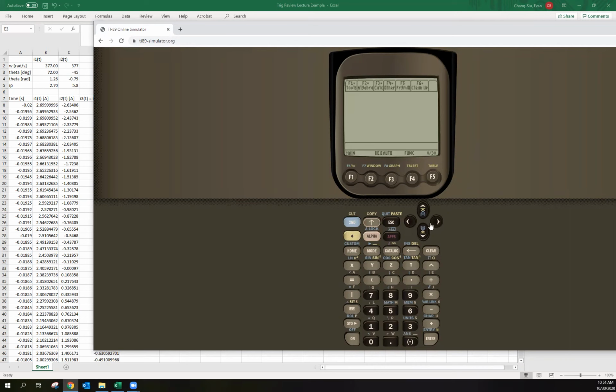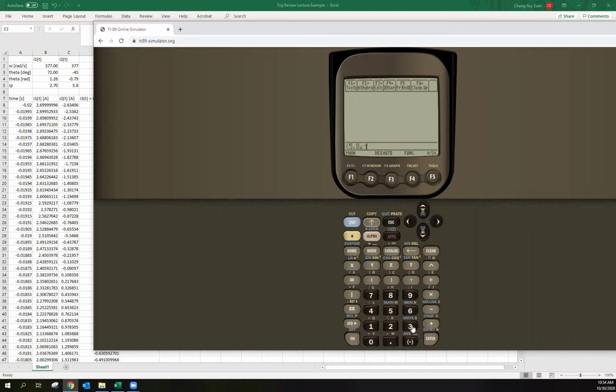And now here's the other cool thing. I can do my phasor. So what do we have? We had I2 minus I1. So I2 is 5.8. Notice I put the parenthesis, and I can do this angle. See the sneaky little angle? I hit second and angle. And then I can put the angle of negative 45.